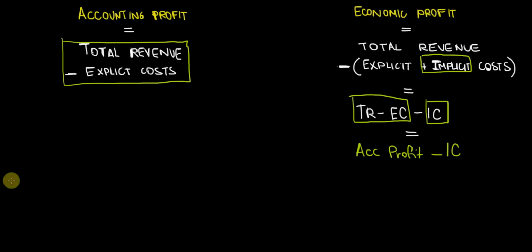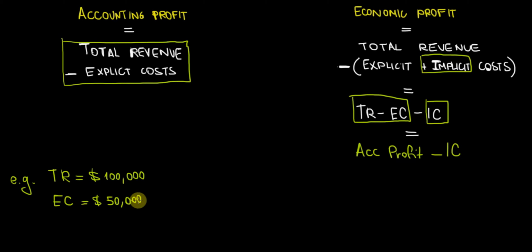So let's do that. For instance, consider that we have a firm that makes $100,000 in total revenue per year. So that's going to be $100,000 in total revenue. And the total explicit costs, I'm going to write here, are $50,000.